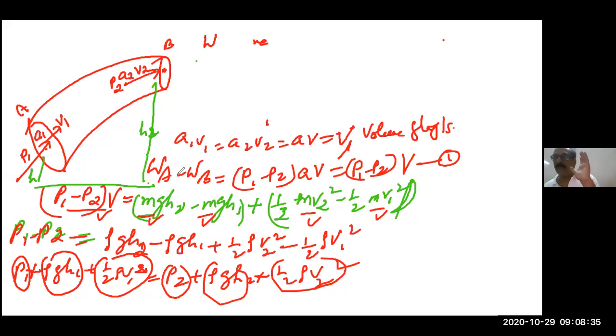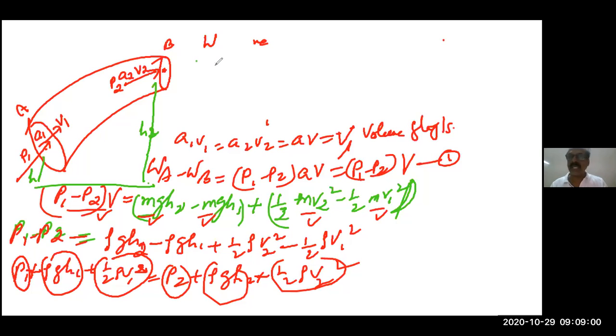The sum of potential energy, kinetic energy and pressure energy per unit volume of a liquid at every point throughout the flow of an ideal fluid remains constant. This obeys the law of conservation of energy, because when pressure energy increases, potential energy may decrease. When potential energy and pressure energy decrease, kinetic energy will increase. Total energy always remains the same.